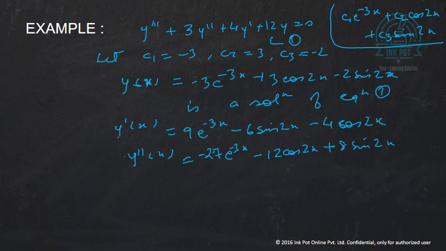So if you calculate y at x is equal to 0, y dash at 0 and y double dash at 0, then you will get y(0) is equal to 0, y dash 0 is equal to 5 and y double dash 0 is equal to minus 39.